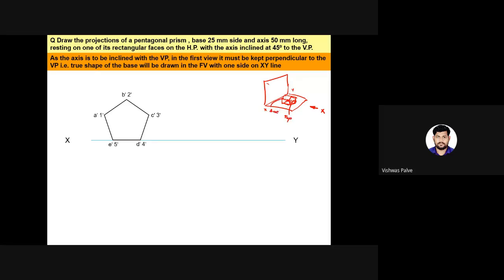So there will be two sets of edges, which is why there are two namings: 1, 2, 3, 4, 5 for the front, and at the back A, B, C, and so on.